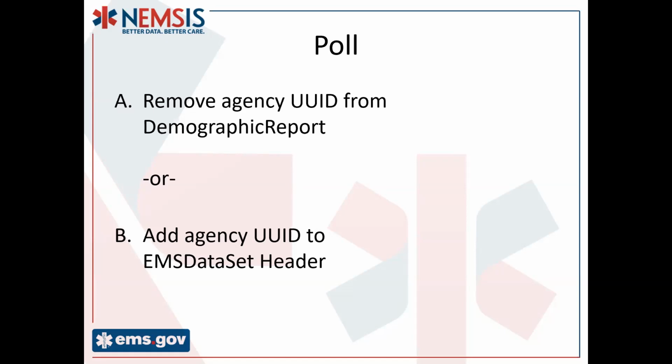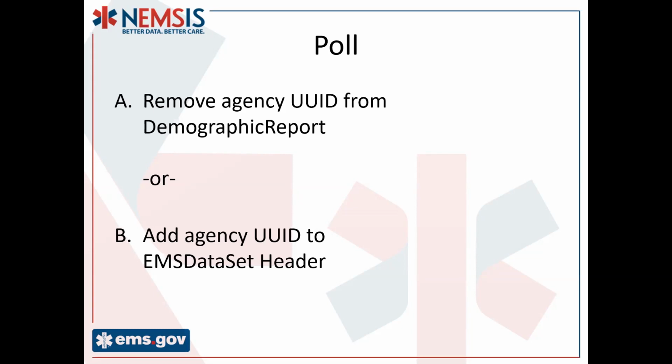But by the same token, if we add UUID and they get a data submission with a new UUID, will the national database then make an assumption that this is the same agency because we have an agency ID and agency number match, or are we going to treat that as a new agency? And so that's where the ambiguity is coming in at the national level.